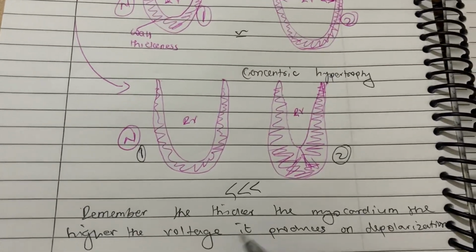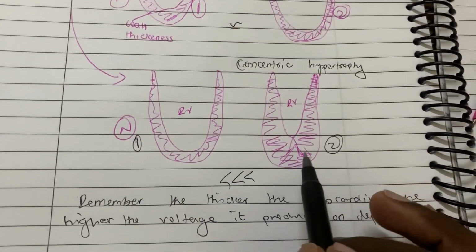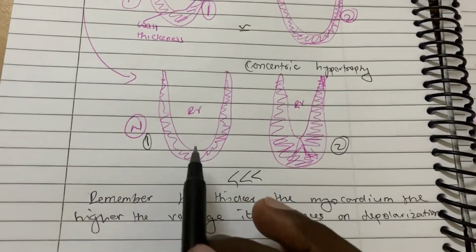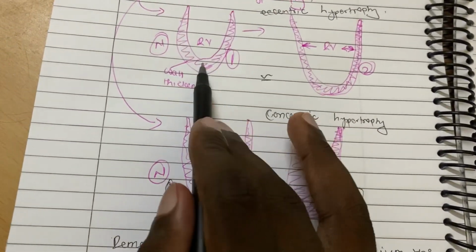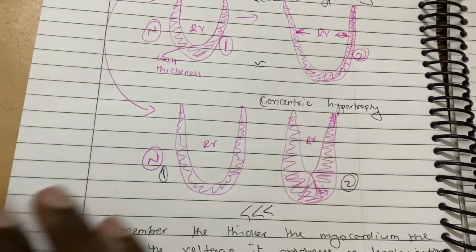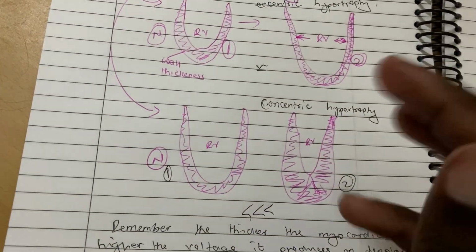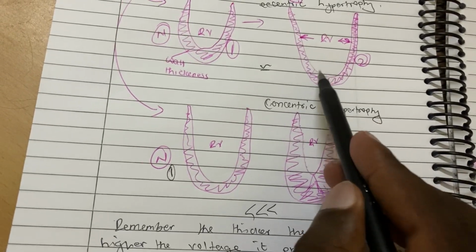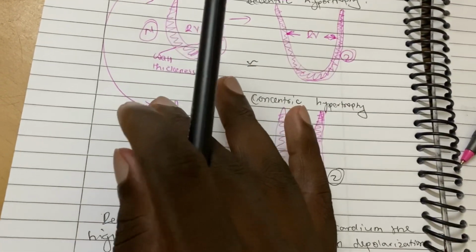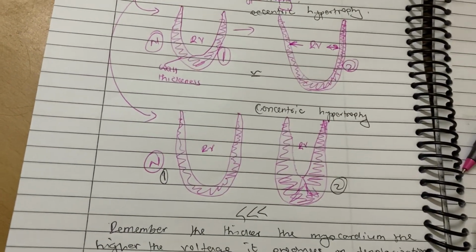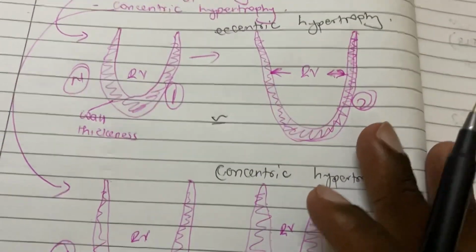What does it mean? This one is going to produce more voltage compared to this one, and this one may stay the same in eccentric hypertrophy. Yes, concentric and eccentric hypertrophy.